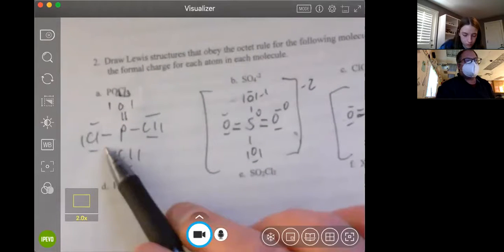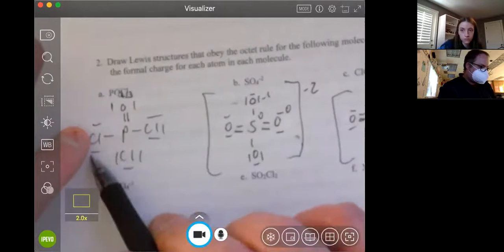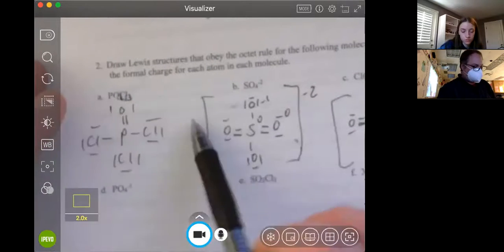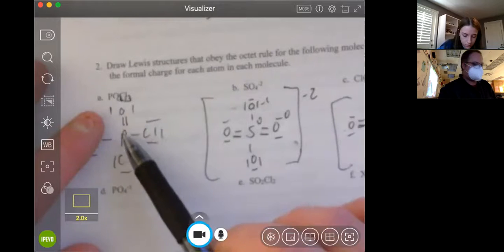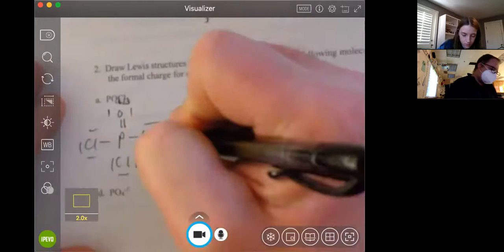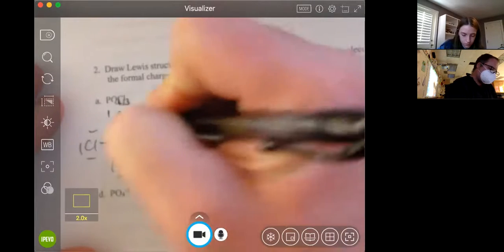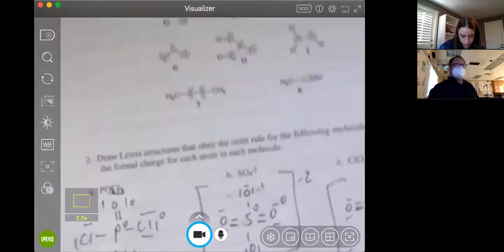If we added it to the Cl, we would have 7 minus 1, 2, 3, 4, 5. If we make it with the O, now we have a formal charge of 0 for this and 0 for this. So we have 2, 4, 6, 7. So 0, 0, 0. Easy enough.